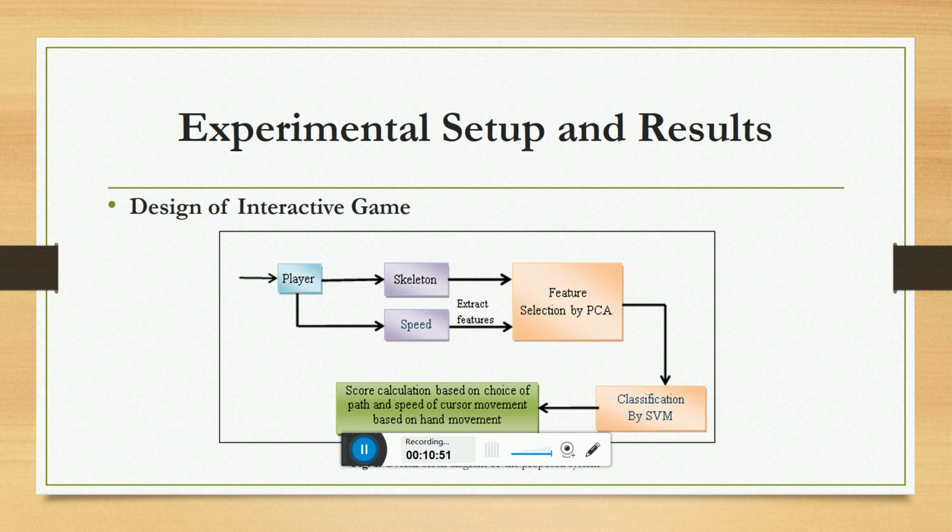Not only the speed, also the 9 features we mentioned previously regarding speed have been extracted from the feature set, and then feature selection is done by PCA, and then classification by SVM. After the classification, the score is calculated based on the choice of path and the speed of cursor movement based on hand movement.